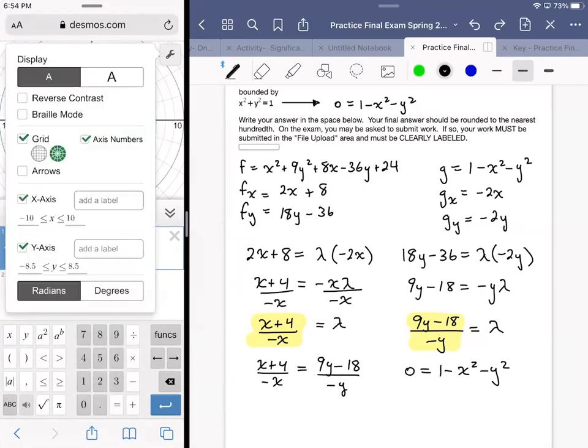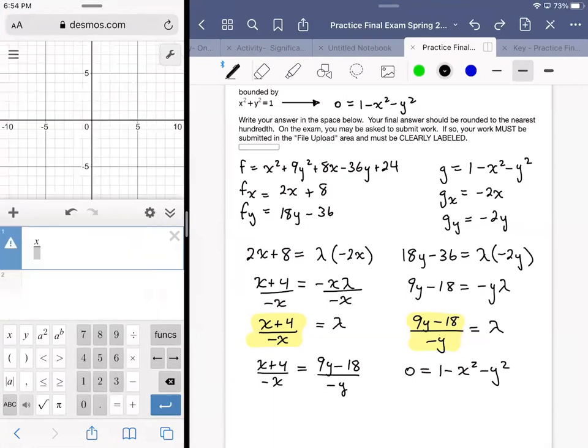Let me put it back to rectangular: (x plus 4) over negative x equals (9y minus 18) over negative y.